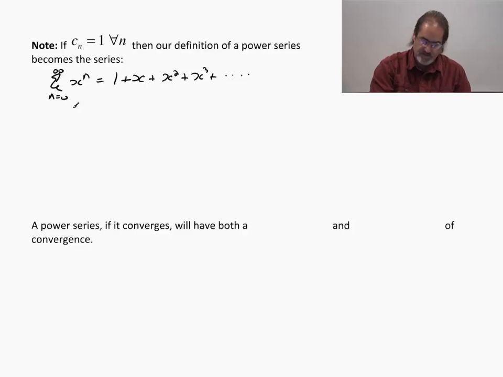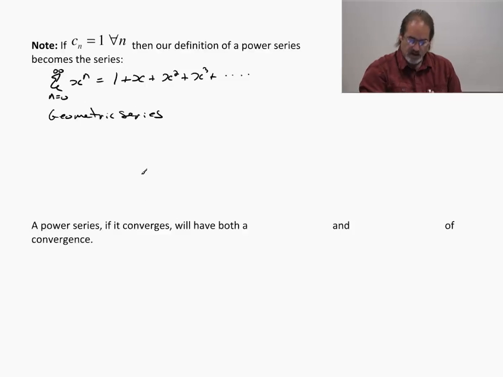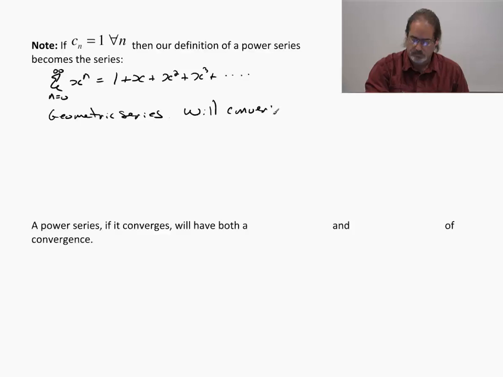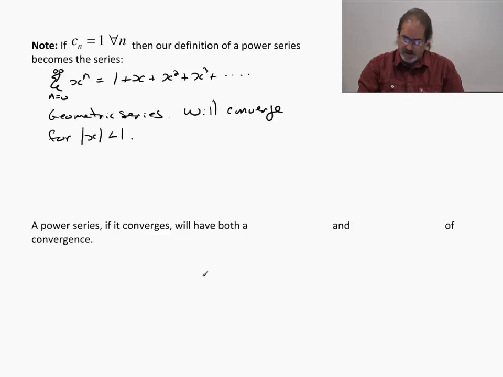This is actually what we think of as a geometric series. Now, for this particular geometric series, we know that it will converge for the absolute value of x less than 1. We know that. We've shown that before.